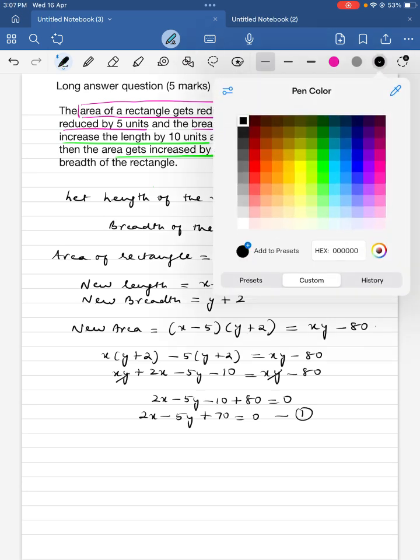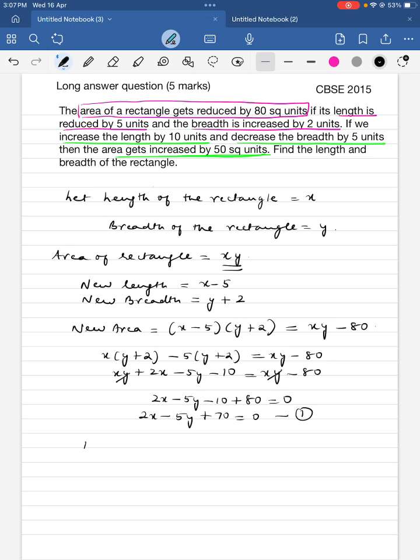Okay, so they've mentioned that the new length now is the length increased by 10 units. So the old length was x, which gets increased by 10 units. And then the new breadth now becomes equal to the breadth decreased by 5 units. So that is y minus 5.